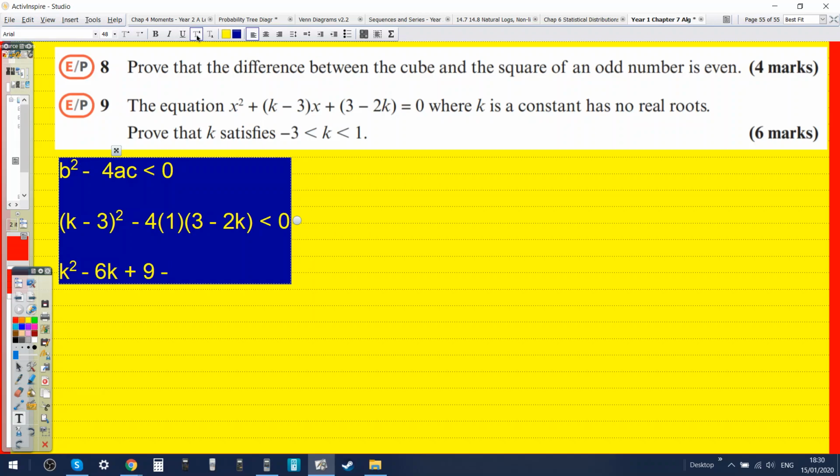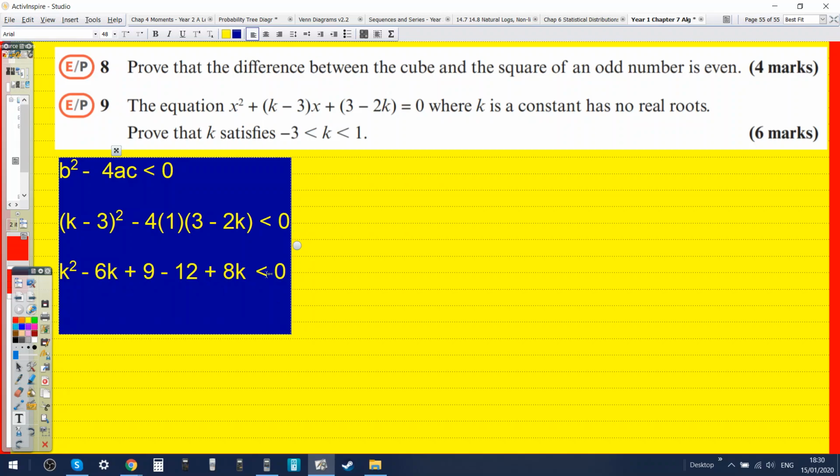What is next? We can simplify it, so k squared plus 2k minus 3 is less than 0. And then would we factorize that? If we set it equal to 0, then we can factorize that.